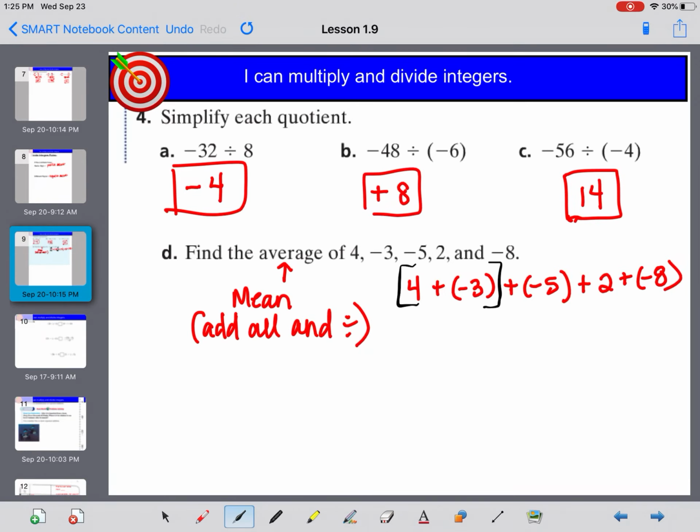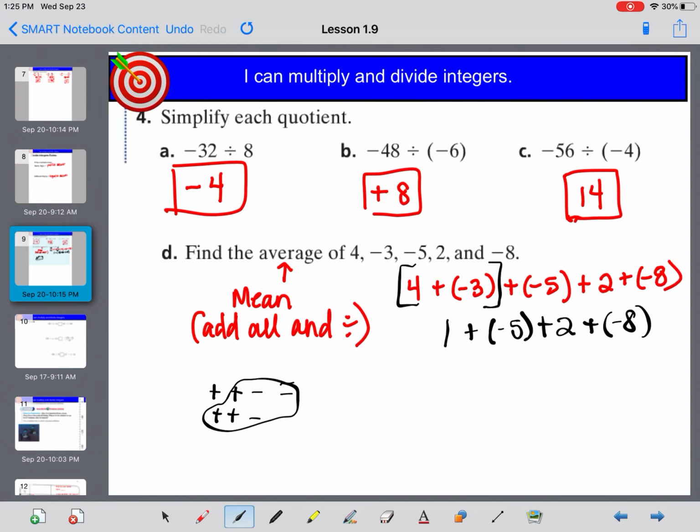Now here I've got 4 positive chips and 3 negative chips, which makes those, and then I have 3 negatives. And so I end up with 3 zero pairs here, so I'm left with a positive 1. Do you remember that now? All right, it gets confusing when you start mixing the operations. Plus negative 5 plus 2 plus negative 8.